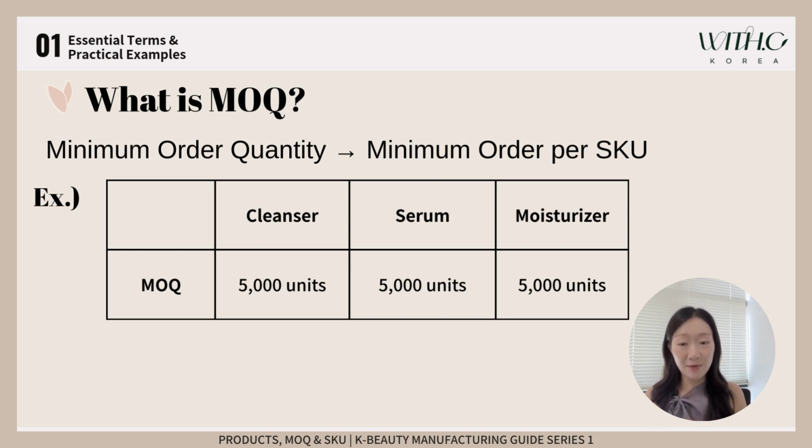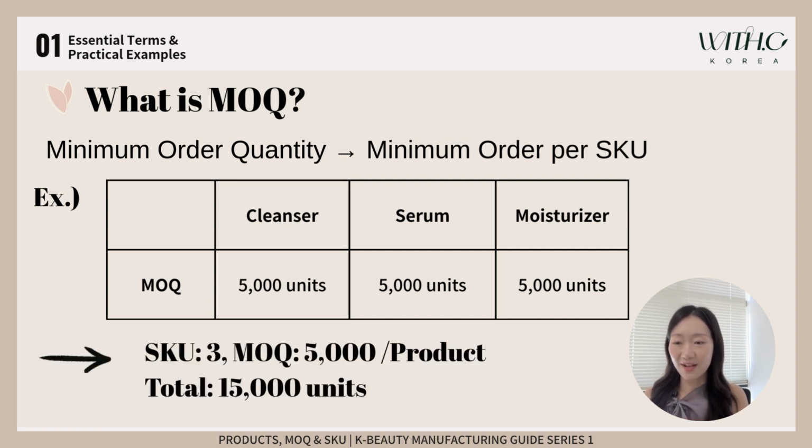If the MOQ is 5,000 units per product, the total production will be 15,000 units. Many clients mistakenly think an MOQ of 5,000 means 5,000 units in total, but in fact, it applies to each product. So you have to remember this point.